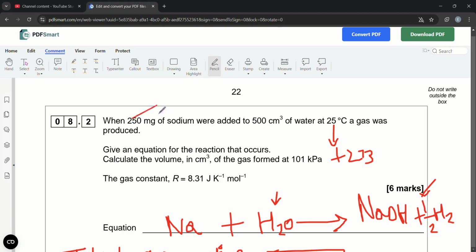So let's convert this. Remember, milligrams to grams, you divide by 1,000, and from grams to milligrams, we times by 1,000.